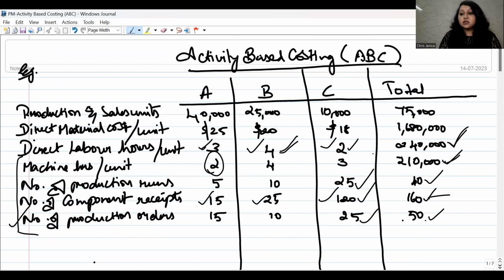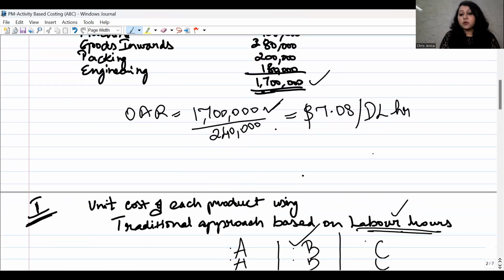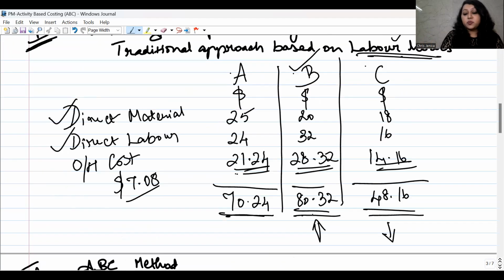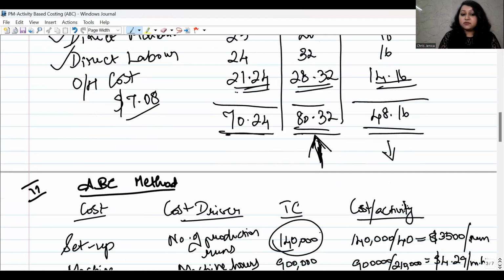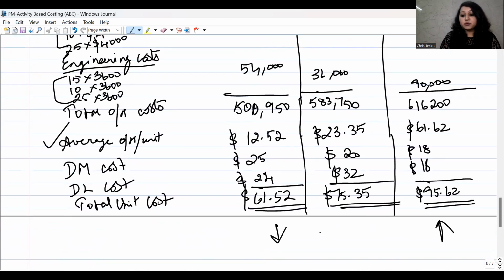So, based on this, the number of production runs, component receipts, production orders, everything were higher in product C. So, obviously, product C would have incurred more overhead cost. So, allocating the cost based on a single OAR cannot be appropriate because this is going to make a proportion into A, B, and C, and then you're getting an unrealistic value for B, B being the cost incurred more, right? So comparatively, this is why we use ABC because this is more realistic than absorption costing.